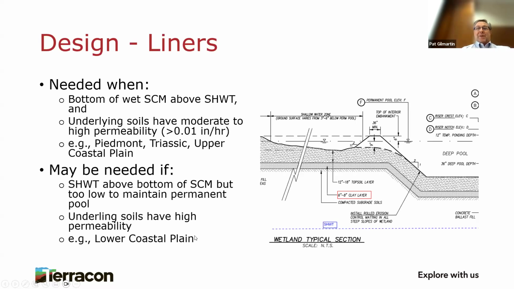If you have your seasonal high water table within the basin, but it's still going to infiltrate out, you may need to consider installing a liner under your wet pond or stormwater wetland. Typically, if the in-situ soils have a permeability greater than that 0.01 inch per hour, you want to look at installing a liner in your stormwater control measure.